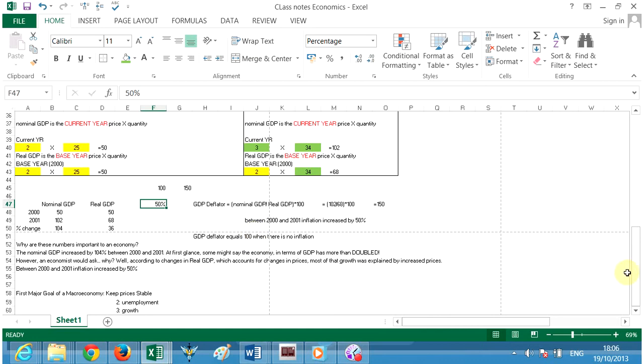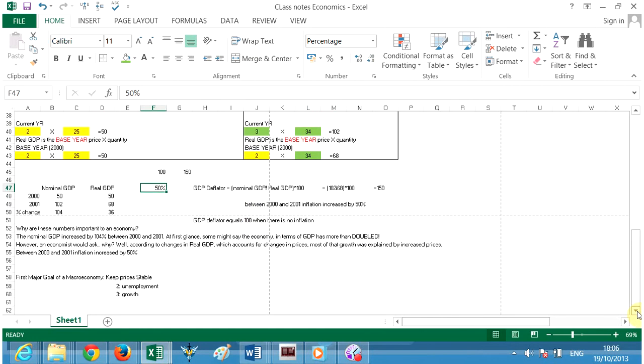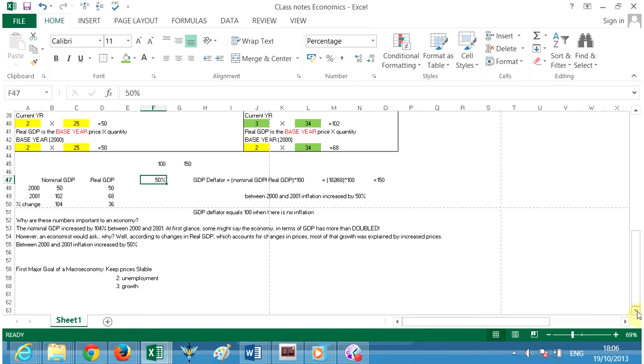So economists look at changes of prices to see what is really growth. Is it just growth because of price increase, or is it growth because of productivity? And comparing the nominal GDP with the real GDP is a way to see whether it was actual productivity growth or just raises in price.